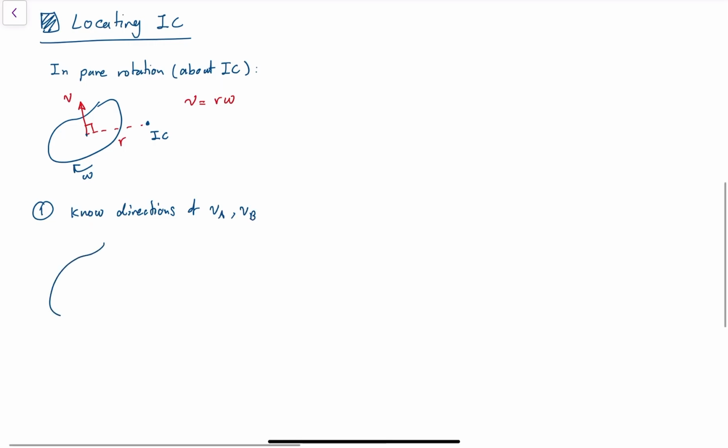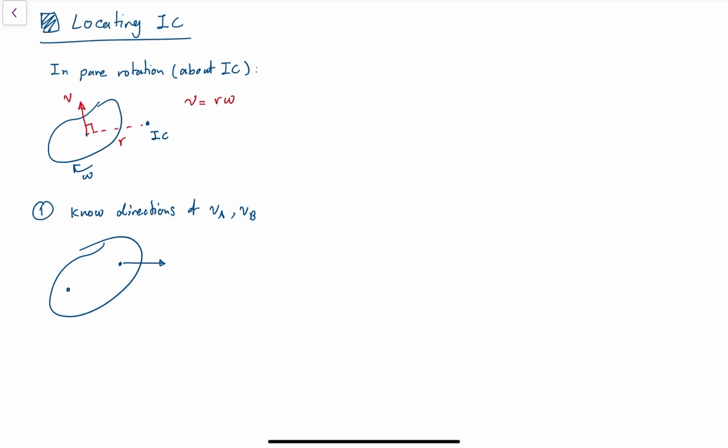So you have an arbitrary body, two points on it. Velocity A is in this direction.